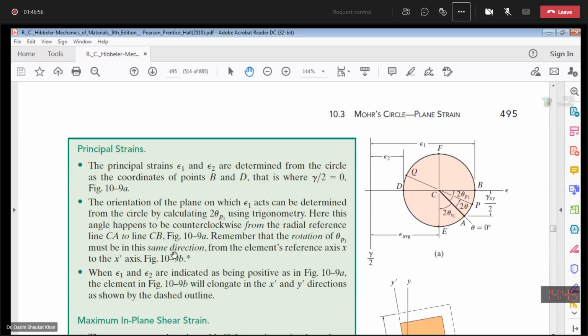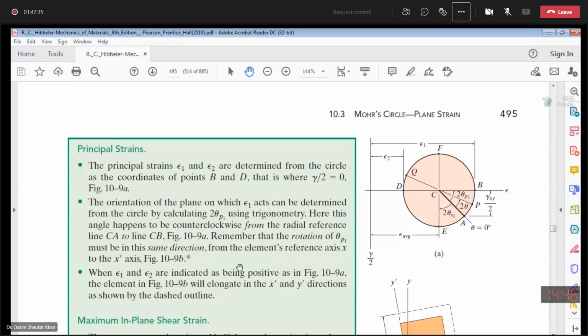So rotation of the element and rotation on the Mohr circle should be the same. Rotation means rotation from the x-axis to the x dash axis. So whatever the direction, if it is counterclockwise theta, then on the Mohr circle that will be counterclockwise 2 theta. So here this angle is counterclockwise from the radial reference line CA to the line CB.